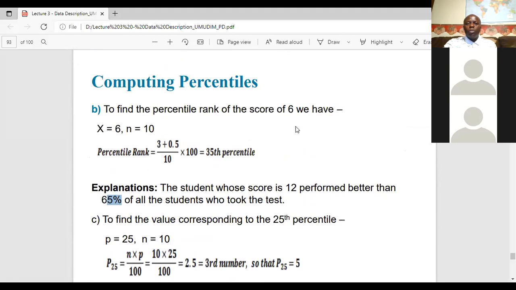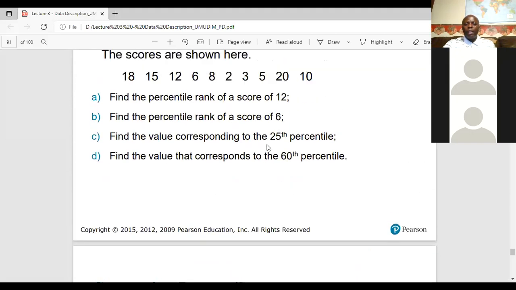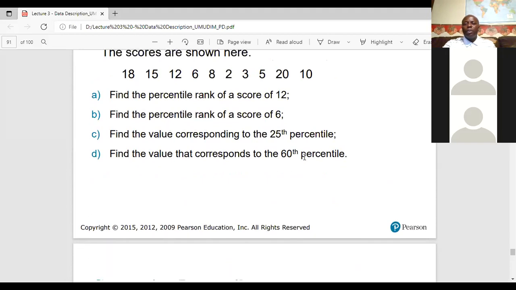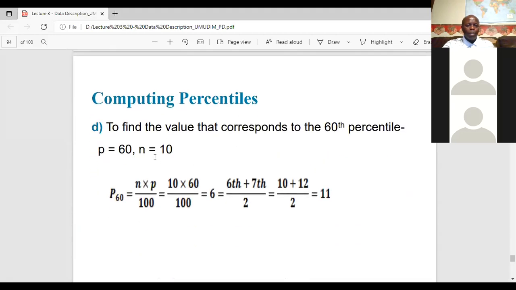Now you can see when you don't have a decimal part, like here, it says find the value that corresponds to the 60th percentile. When you plug it in, p is 60 and n is 10.